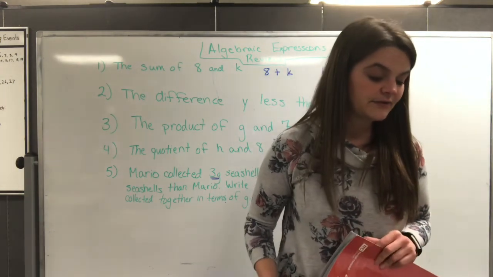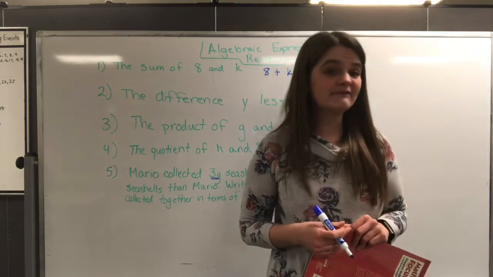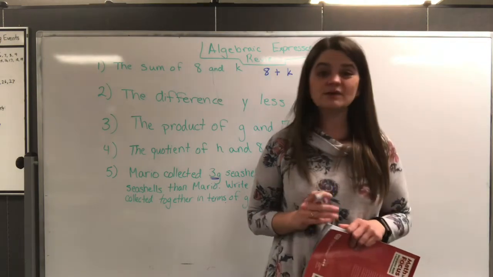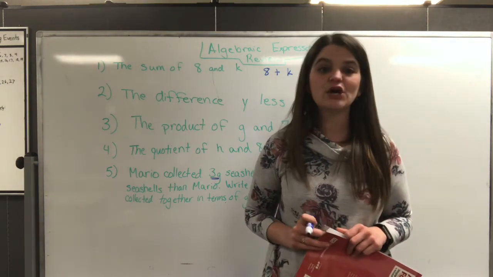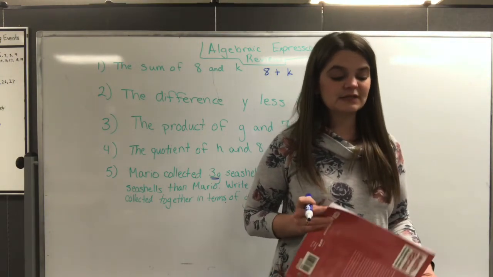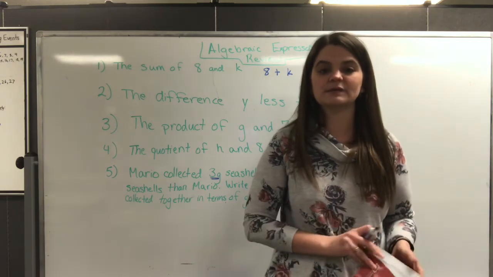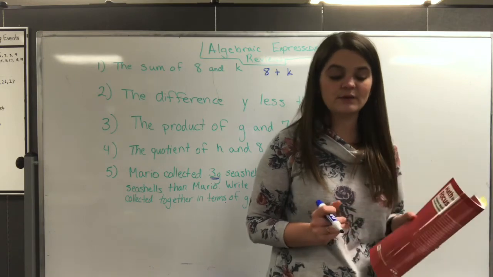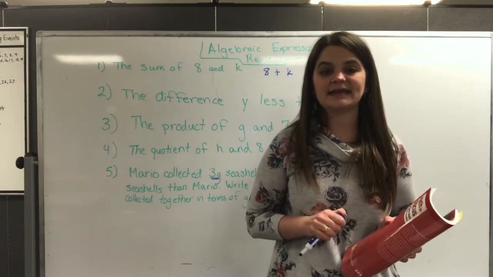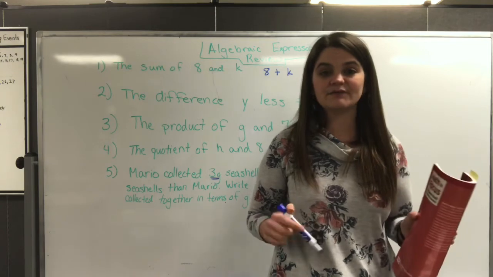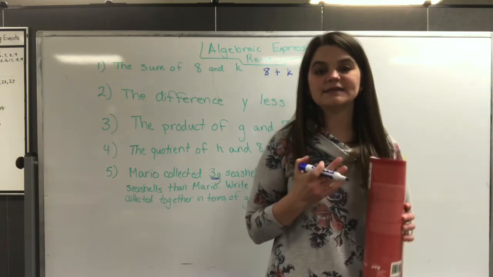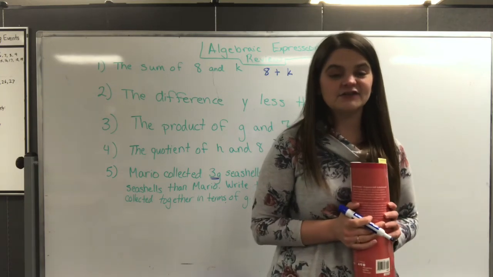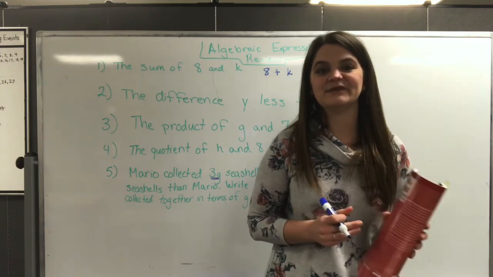Numbers 1 through 5 you might find pretty simple, but then when you get to 6 through 10 you have to do a couple different steps, and you might have more than one term in there. So just make sure you're writing your terms out really clearly and identifying what they are. And submit that, take a picture of it when you finish, and then submit them all together when you finish all your homework all at one time. And I'll check them over and we'll review them on Monday if we need to.